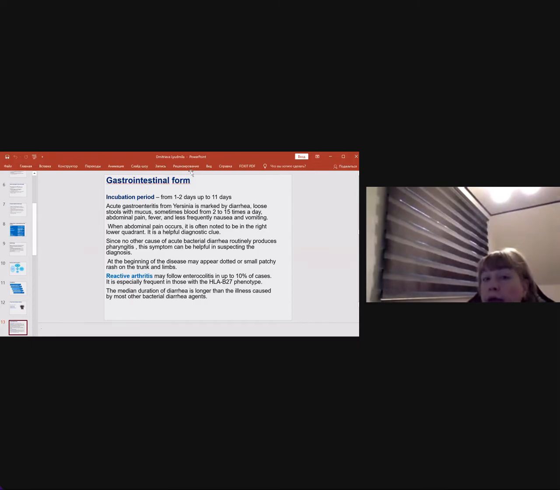When abdominal pain occurs, it is often noted to be in the right lower quadrant. It is a helpful diagnostic tool.